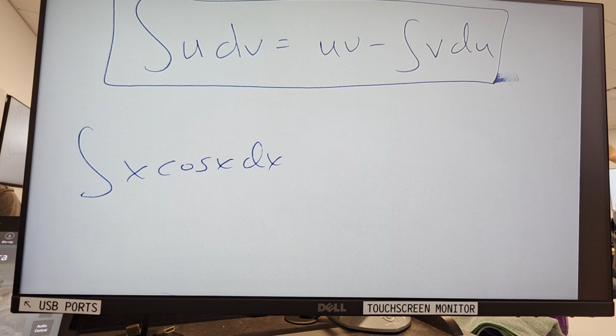And this is where it feels a little bit like u-sub. But I have to pick two things now, not just one. I have to pick what I want u to be, and I have to pick what I want dv to be. And the difference between this and u-sub is whatever I pick u and whatever I pick dv, when I multiply them, it better be the original integral again, because that's the form I claimed it to be in.